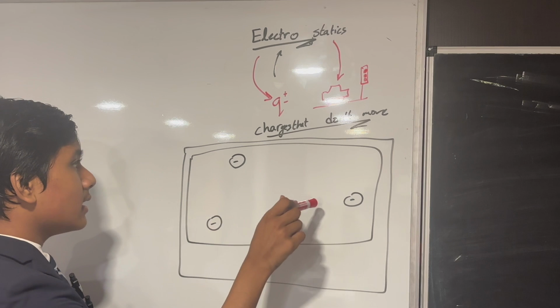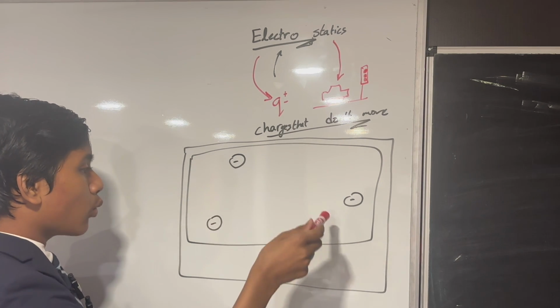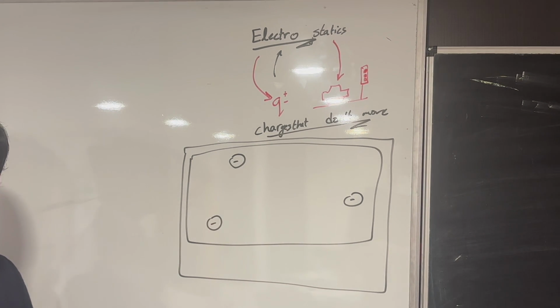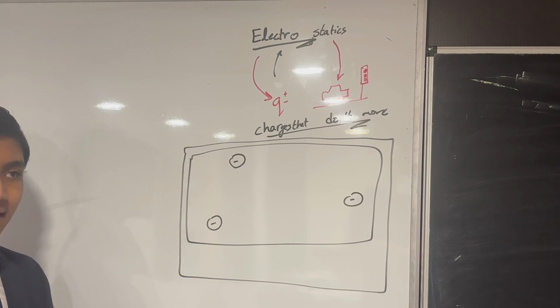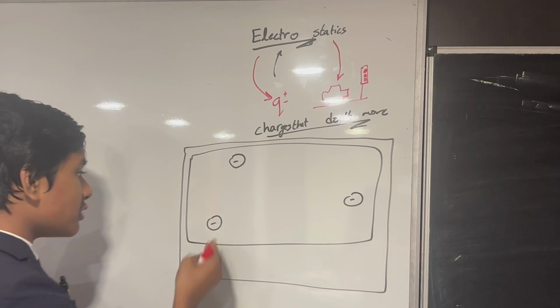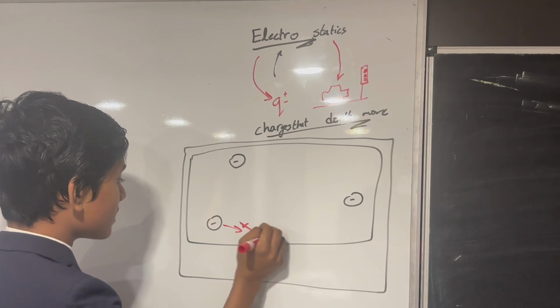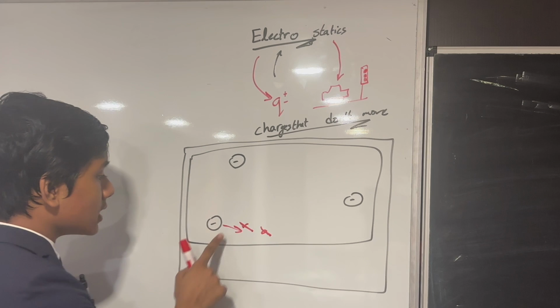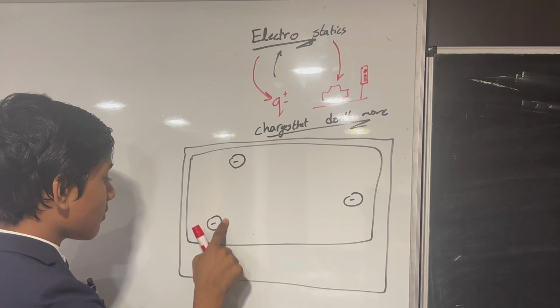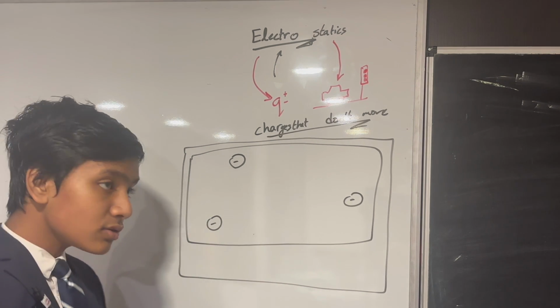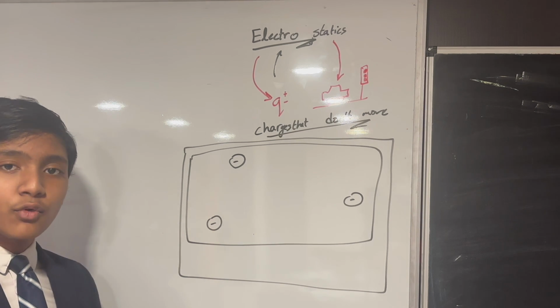It's not moving because time is at one constant value in electrostatics. So in electrostatics, we don't care about velocity or acceleration. All we care about is position. And with position comes force.